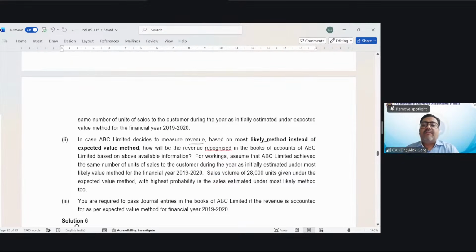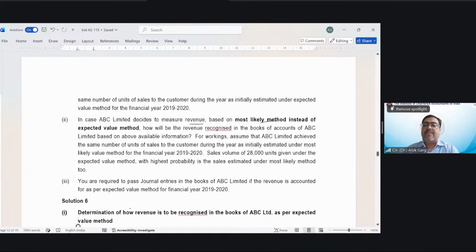So how will the revenue be recognized in the books of accounts of ABC Limited based on the above available information? For workings, assume that ABC Limited achieved the same number of units of sales to the customer during the year as initially estimated under the most likely method for the financial year 1920. Sales volume of 28,000 units given under the expected value method with the highest probability is the sales estimated under the most likely method.